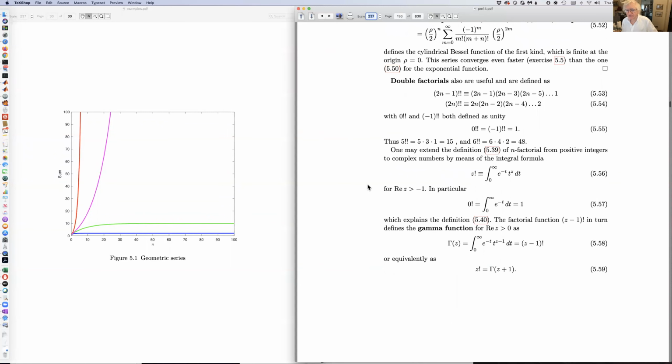So as example, 5 double factorial is 15, 6 double factorial is 48. Now, here's where things get more interesting and more important. You can extend the definition of n factorial from positive integers to complex numbers by means of this integral formula. So z factorial is defined as the integral of e to the minus t, t to the z dt.